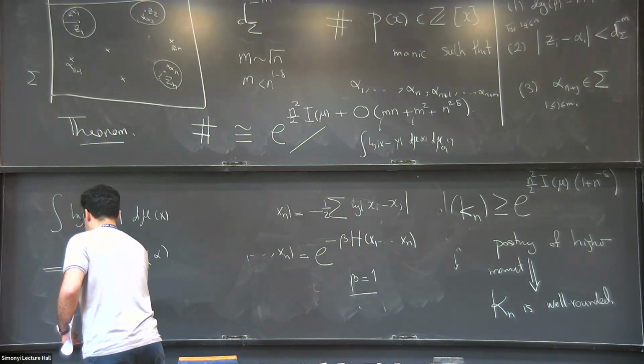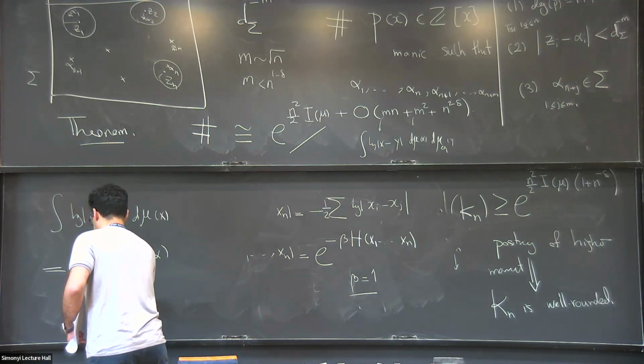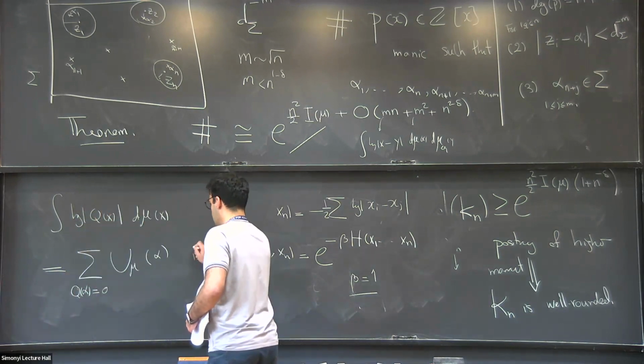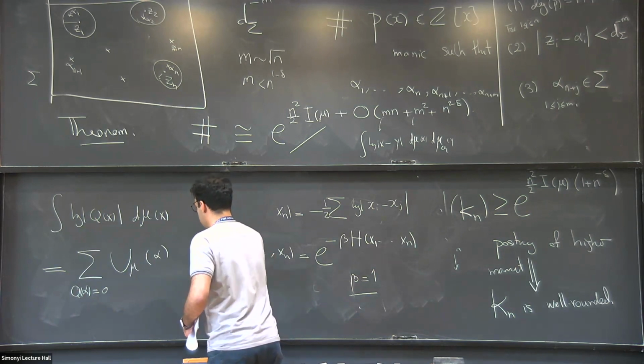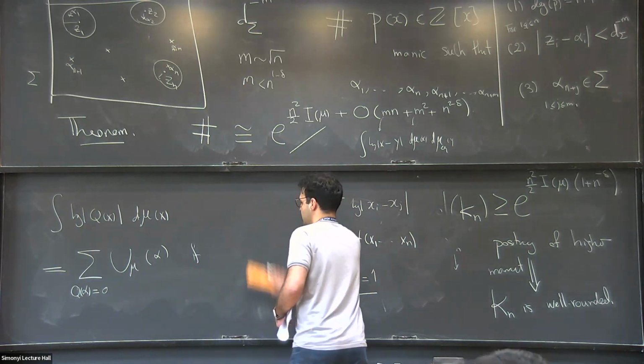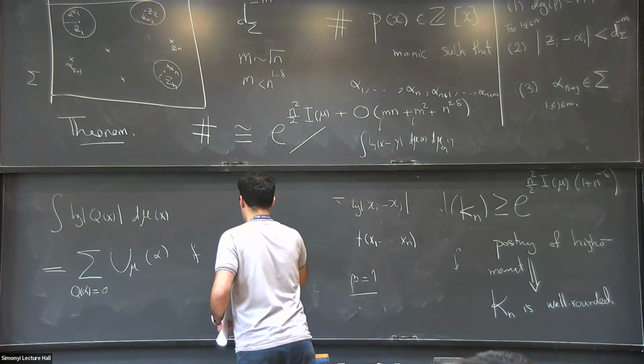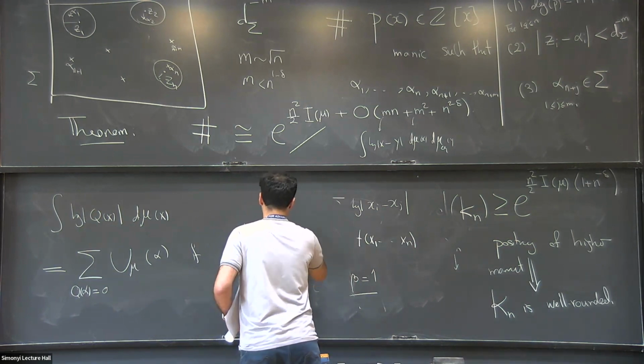So it's basically a finite sum, like a Mahler measure. So if you know your potential function is positive everywhere, that implies that you are able to.